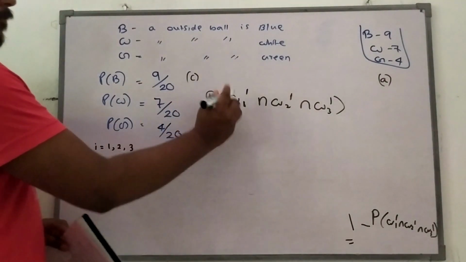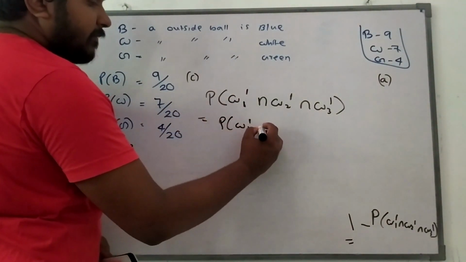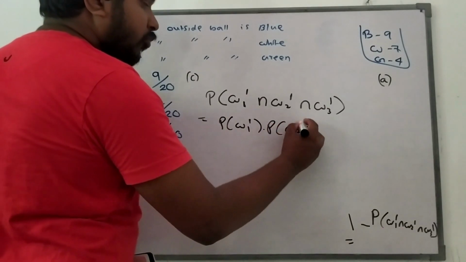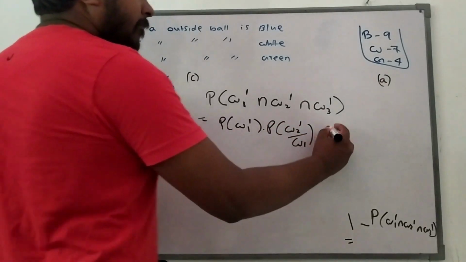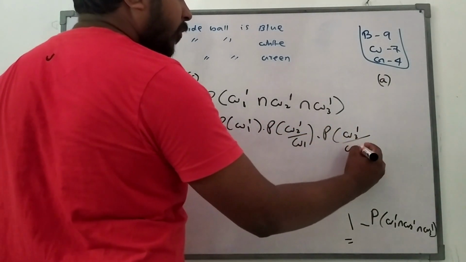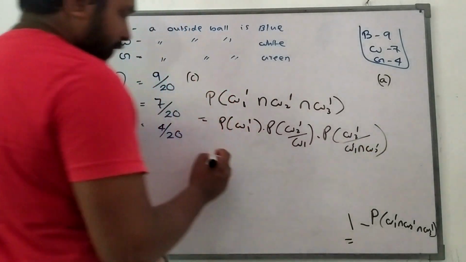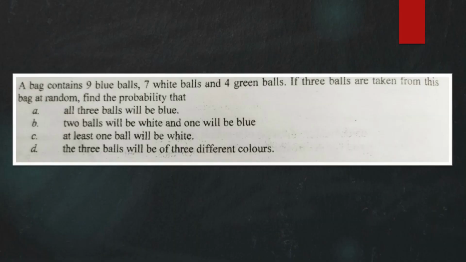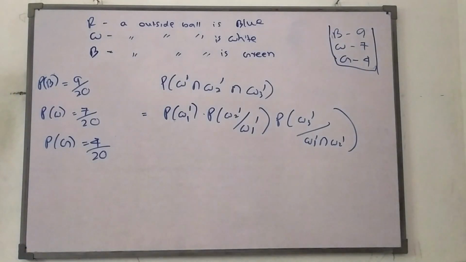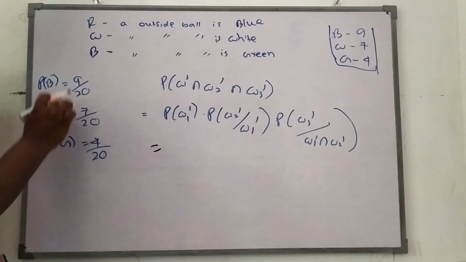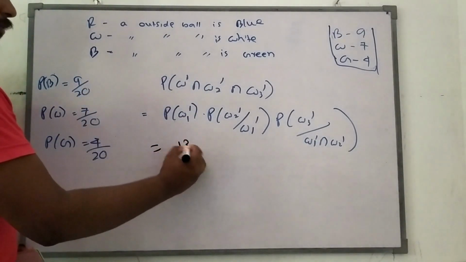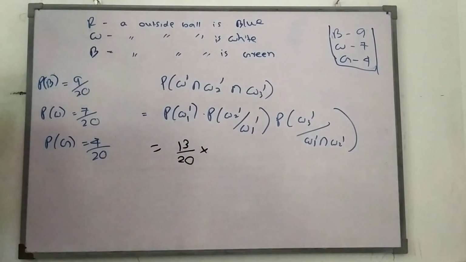So this is P(W1 dash) into P(W2 dash given W1 dash) into P(W3 dash given W1 dash and W2 dash). Non-white means, since we have 7 white balls out of 20, 13 over 20.